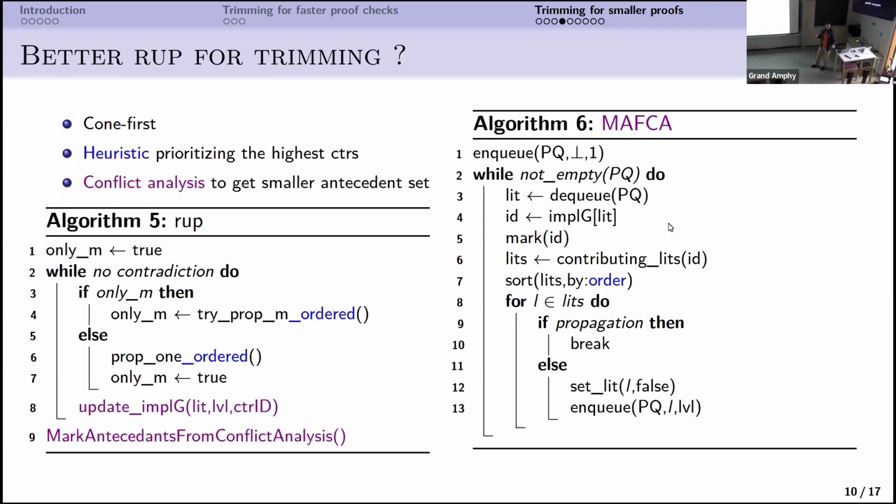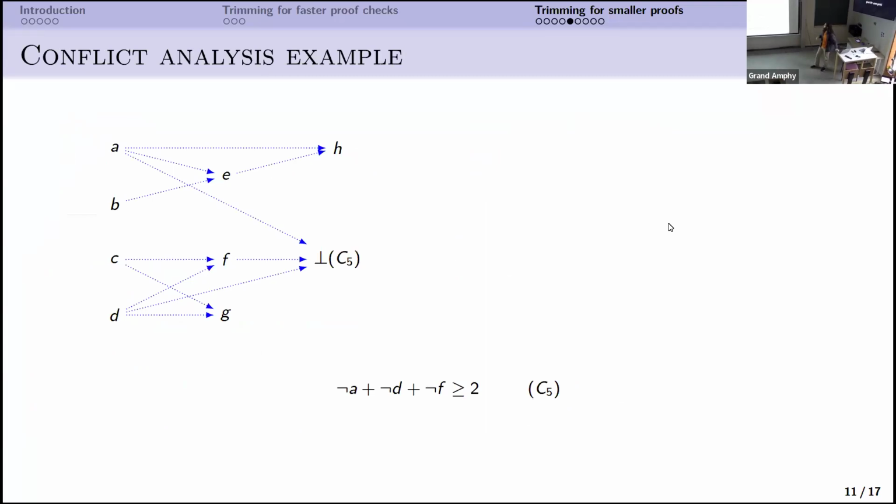So for example, here I have some propagation for a RUP statement. Each letter is a literal, so A has been set to 1, and then a constraint which just says from A and B, I deduce that E can be set to true. And at the end, I have my contradiction at constraint 5, which is at the bottom here.